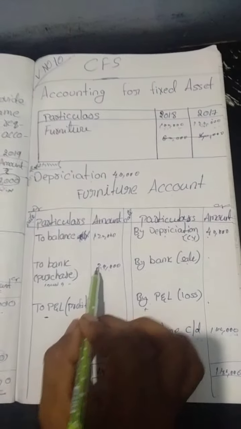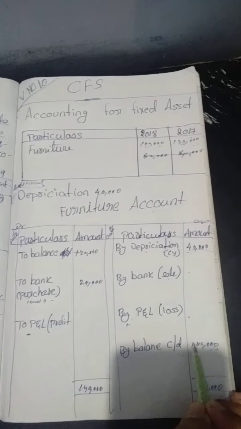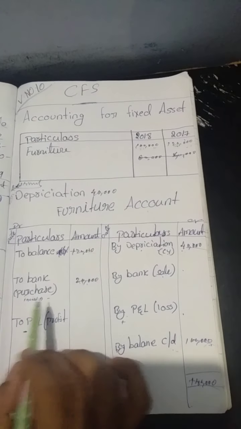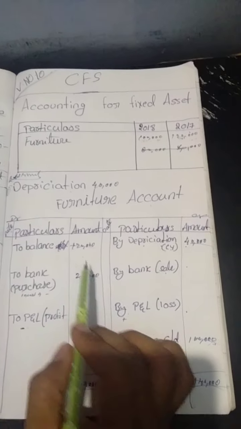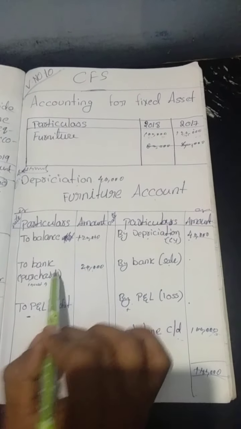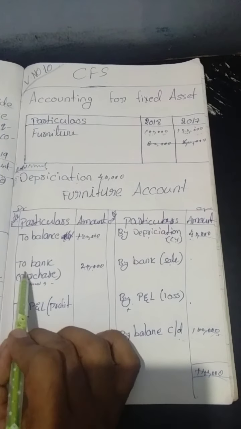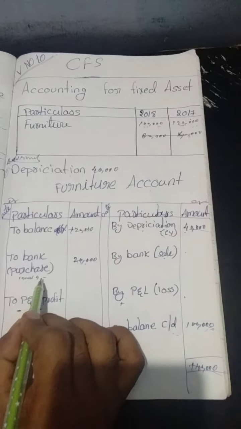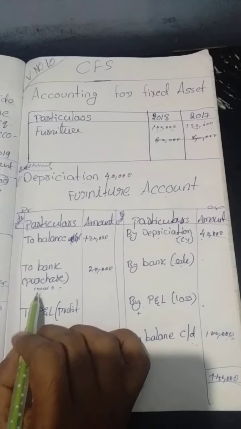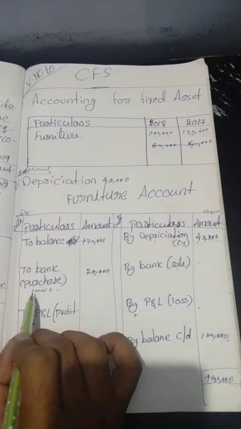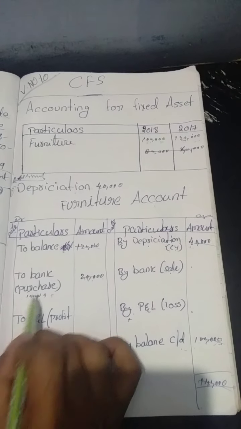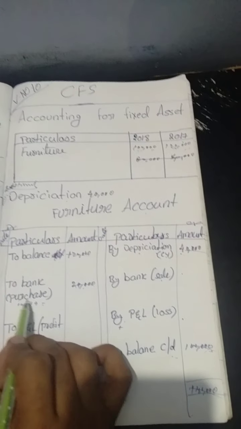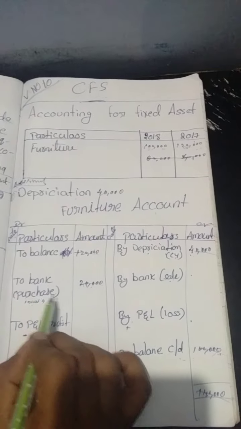So if we leave these figures now, we can go through these items. For example, if there is a difference, if there is a purchase, we have to take this in the cash flow statement. In investing activity we will show this, since it is a purchase, as a reduced cash outflow. That means we will show it as a reduced item, this amount.